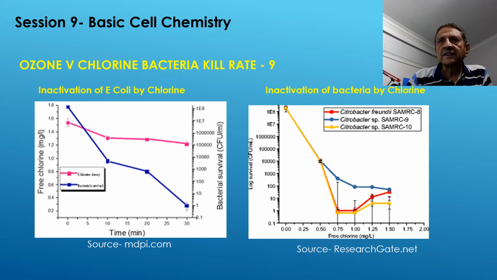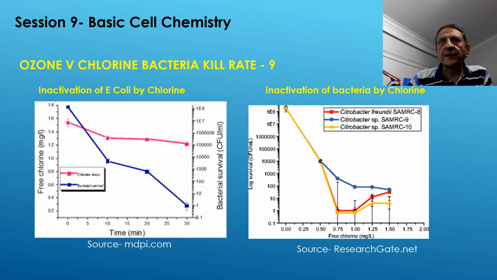If you look at the chart in the left hand, you will notice the charts that show the relationship between the concentration of free chlorine and time and the death or survival rate of the bacteria.